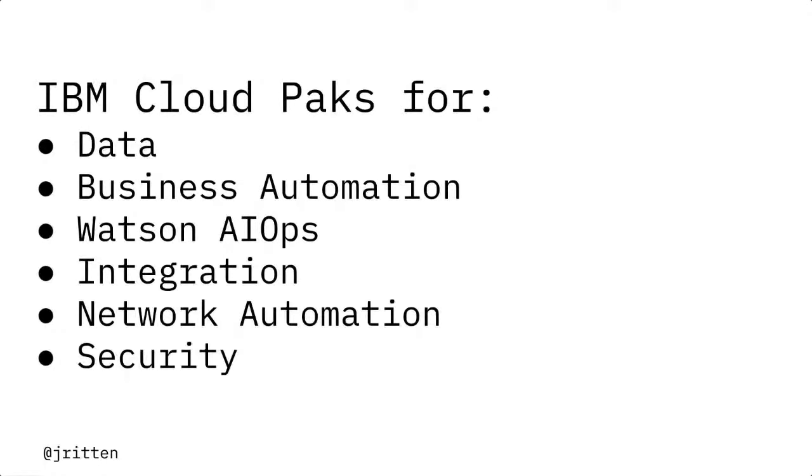So if you need an application and Watson AI Ops or business automation or maybe security, it includes all of the pieces you need to build and deploy and scale a secure application, enterprise ready, with all of the pieces that you need.